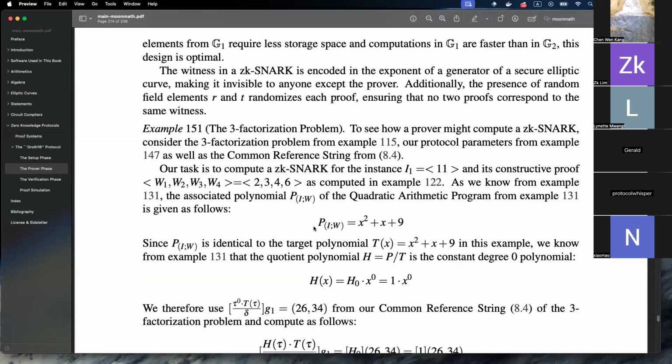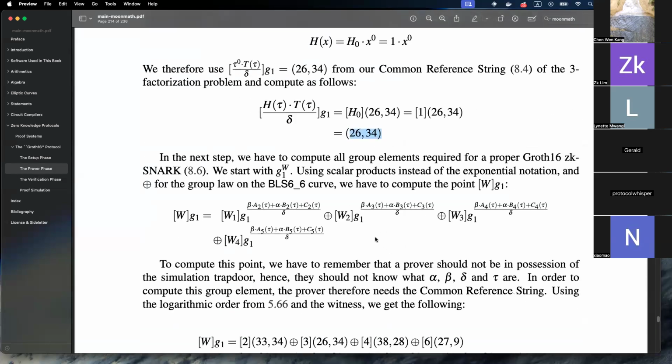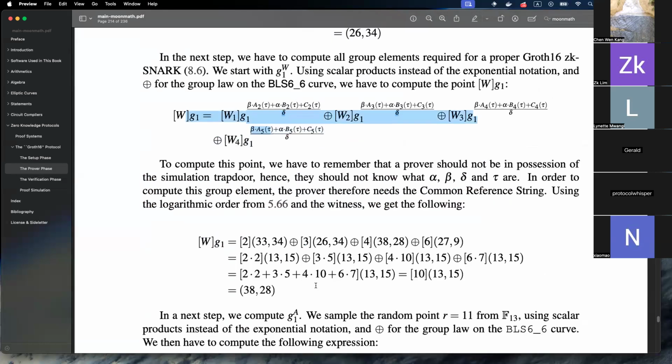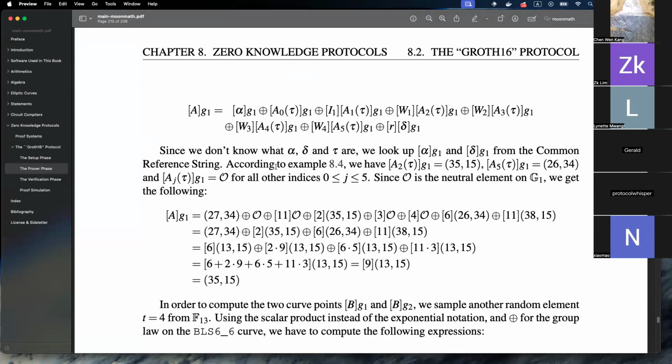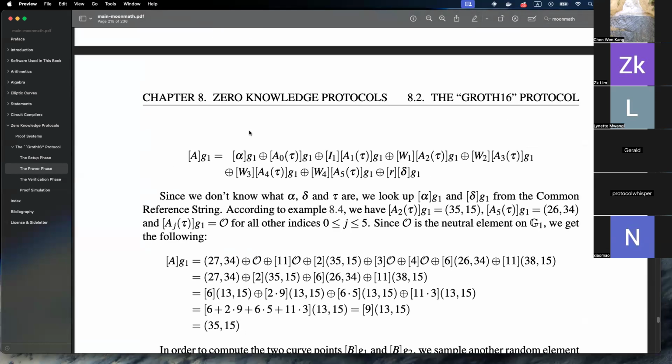Let's say for example, this is an example, right? Your proof polynomial, associated with instance and witnesses, is this. You'll do the calculations, get some value, and then start generating your points, and your witness here. And then we'll start generating A, B, and C. So it shows you how it's done here.